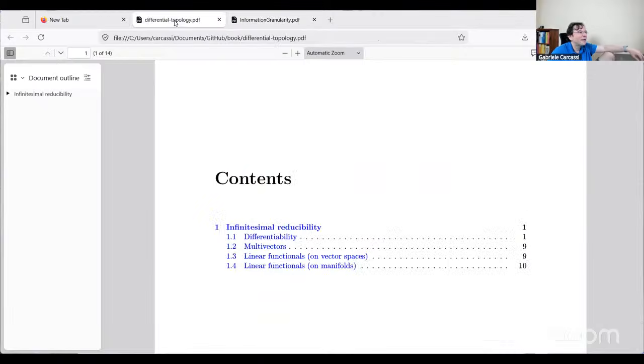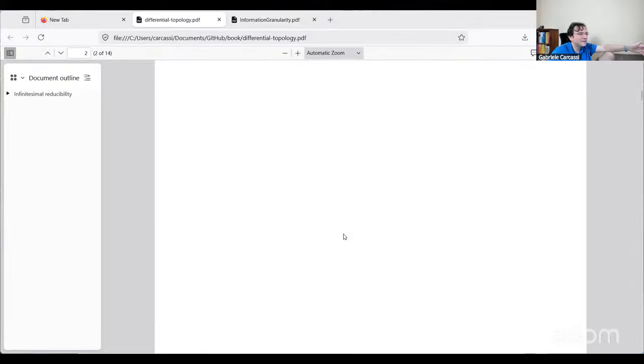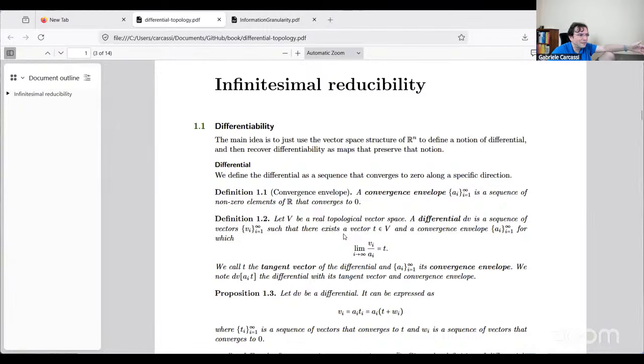Then the other part is the definition of differentiability, essentially defining a differential as sequences of vectors that in the limit go to a particular vector. So you define what I call a convergence envelope, which is just a sequence of scalars that go to zero.